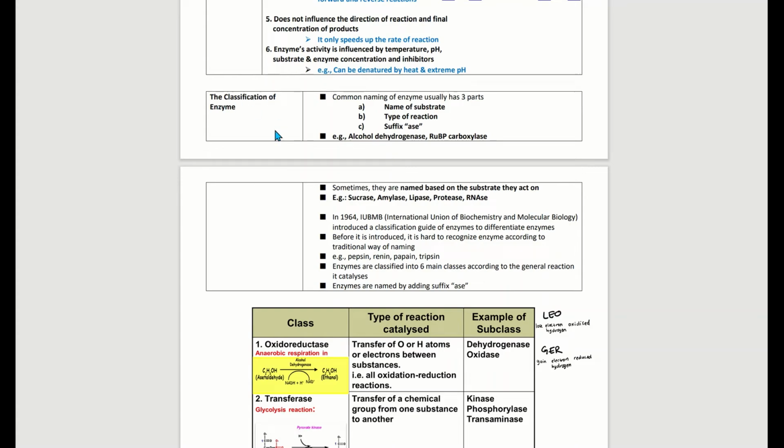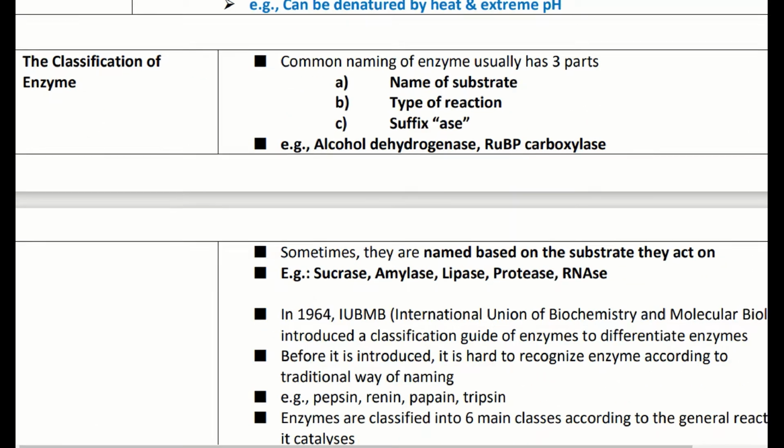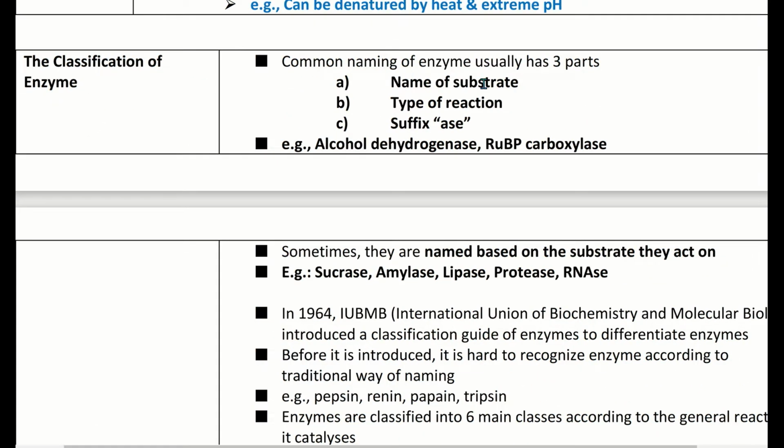Okay, so next, the classification of enzyme. So enzyme ni kita boleh bahagi, nama enzyme, cara penamaan enzyme. Okay, so name of substrate. Okay, substrate ni apa bahan yang akan undergo reaction tu. Bahan tu apa? So bahan itu adalah alkohol contoh. So name of substrate alkohol.